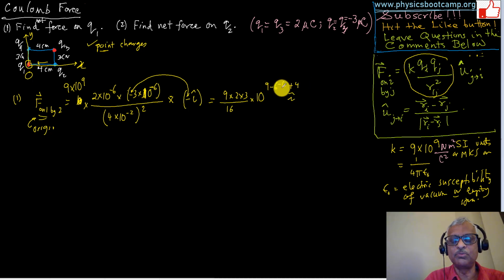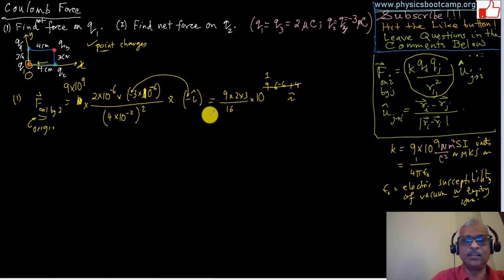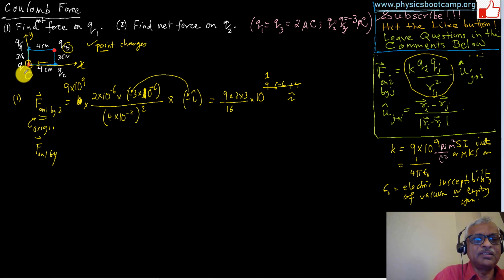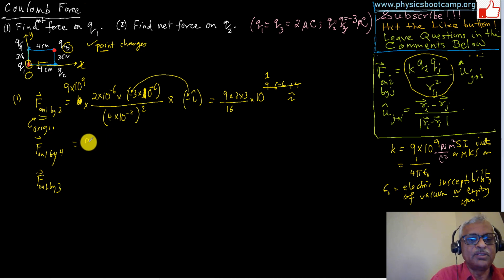You can see that this is 13, this is 12, so this is just 1, and you can simplify it, but I'm just going to leave it as it is. So F on 1 by 3 is a little bit harder to do, but let's do 4 first, and then we'll do F on 1 by 3. The second is going to be almost all the same.